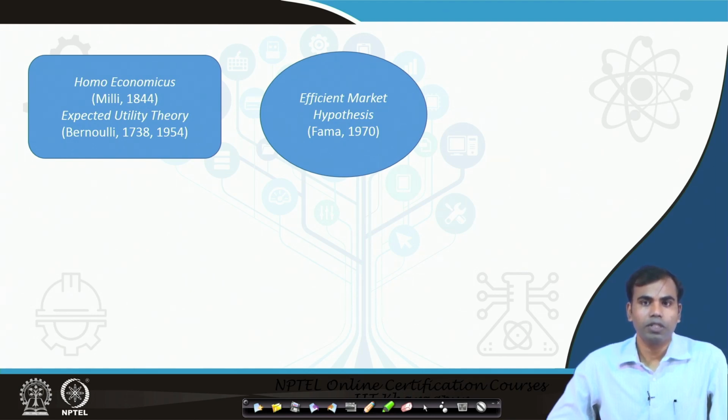The implication of this market efficiency hypothesis was basically in terms of the valuation of assets. When an individual or an investor wants to invest his or her money in financial instruments or financial assets, he or she wants to determine the right value of the asset, and the value can be determined on the basis of the information that is available to the decision maker and the prices that reflect the historical, present or expected information.